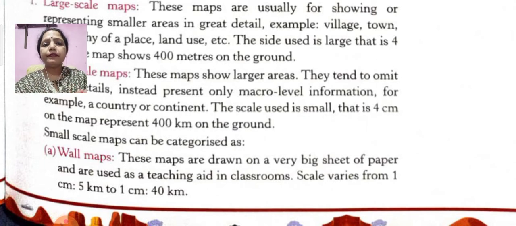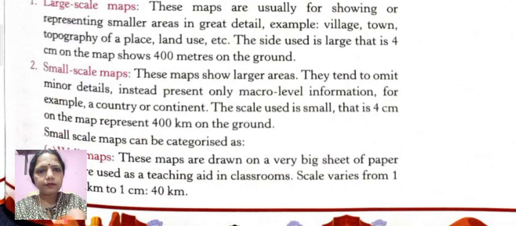These maps are drawn on very big sheets of paper and are used as a teaching aid in the classrooms. The scale varies from 1 centimeter is to 5 kilometer to 1 centimeter is to 40 kilometer.